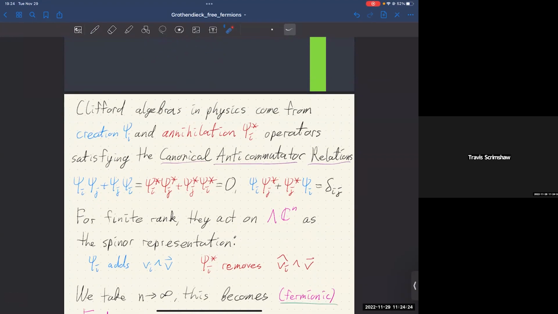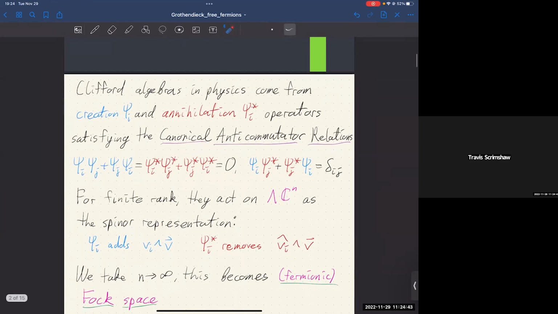So the psi's anti-commute with each other, the psi stars anti-commute with each other, and the psi and the psi stars almost anti-commute with each other unless i is equal to j, in which case I get this extra little term, and that's what gives me the Clifford algebra part.